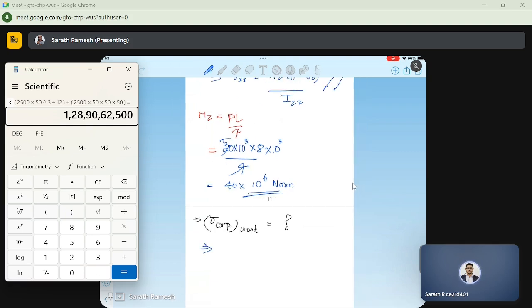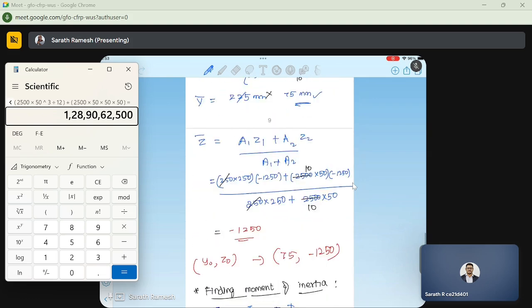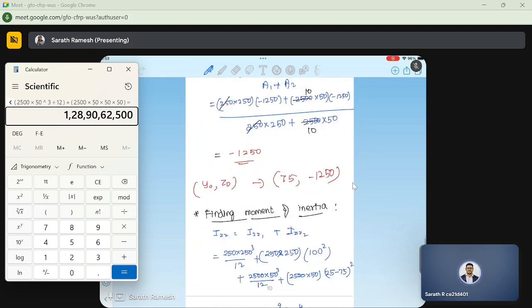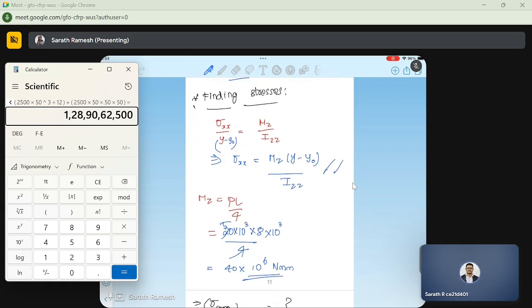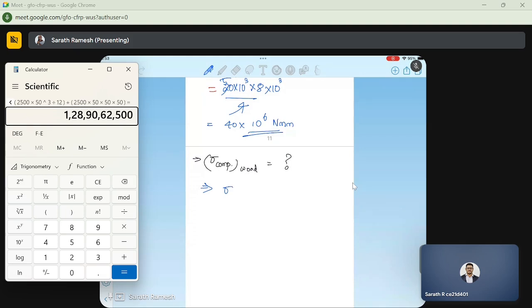So this will be sigma equal to M into y. There is a negative sign here.